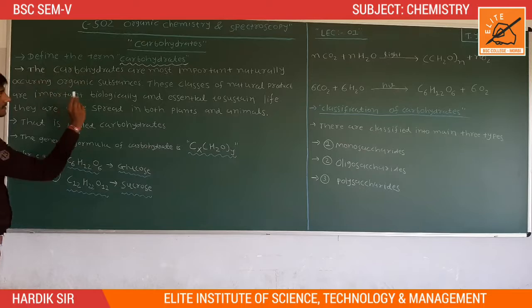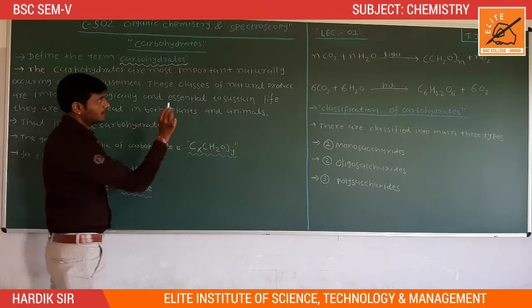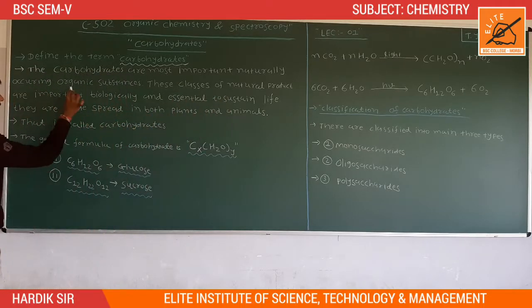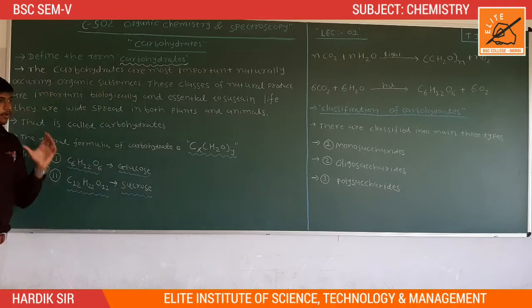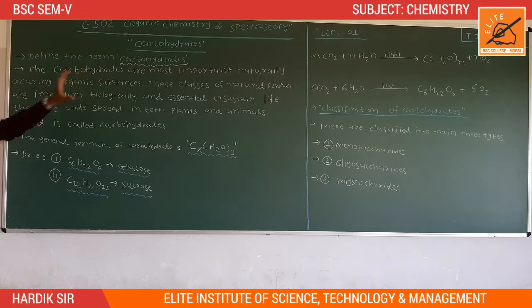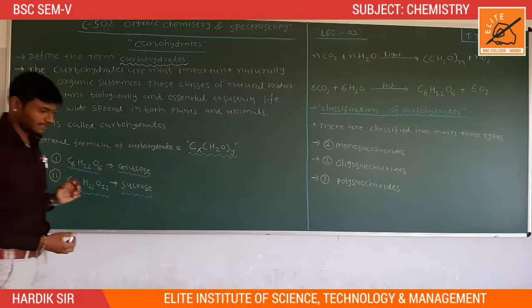Carbohydrates are the most important naturally occurring organic substances. What do we mean by naturally occurring organic substances? They are produced by nature, and they are organic substances.